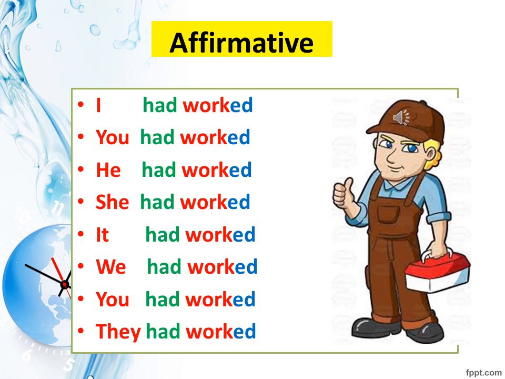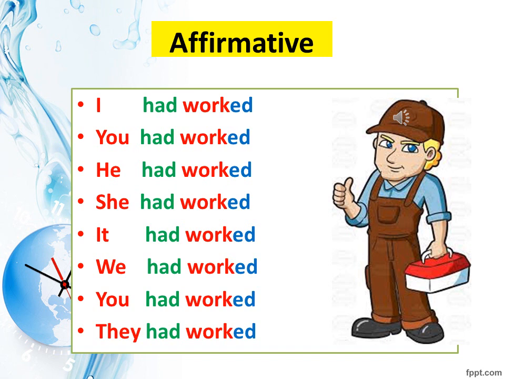Okay, now let's conjugate the verb to work in the past perfect and start by affirmative case. First, I had worked, you had worked, he had worked, she had worked, it had worked, we had worked, you had worked, they had worked.